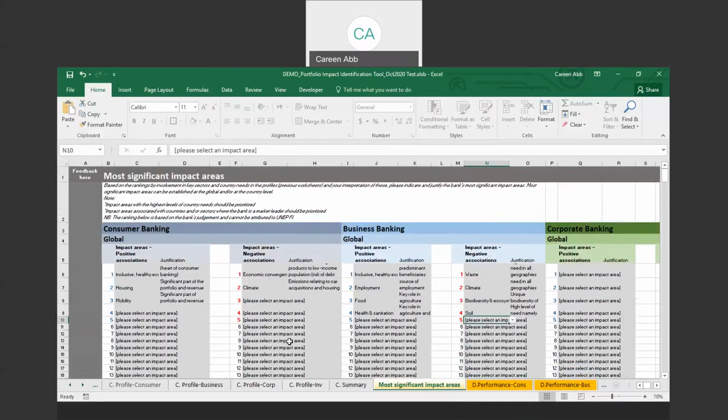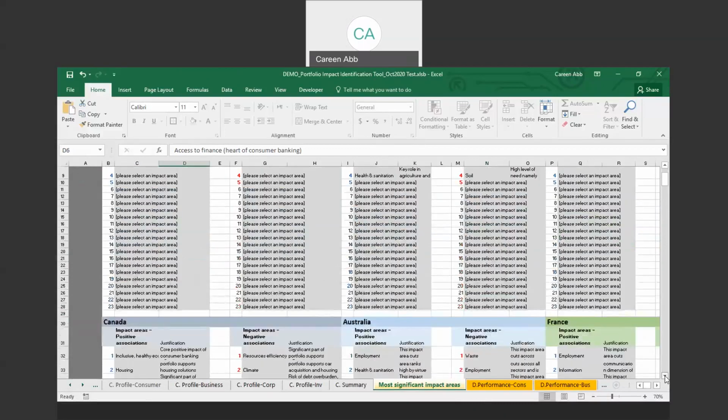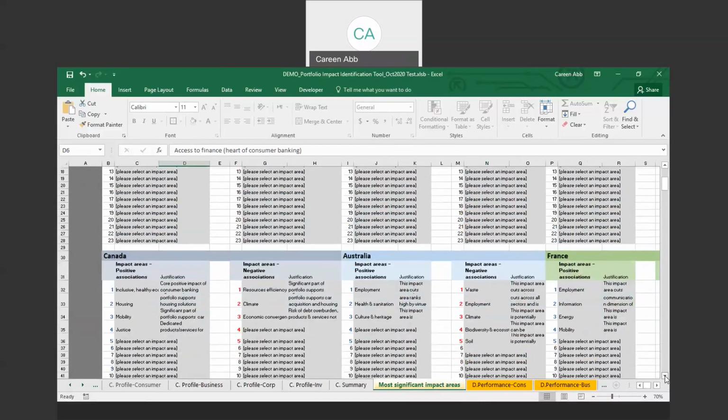At this stage, you are manually concluding, based on the information that was found in the profiles, which impact areas are the most significant. These can be selected from the drop-down list of the 22 impact areas, and a basis is provided here to explain the reasoning behind this selection. As said, there is a possibility to do that both on the global and on the country level.